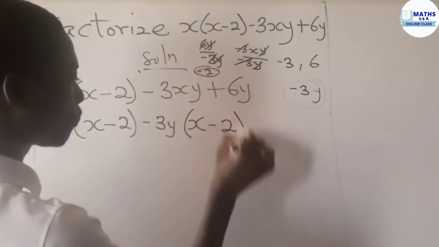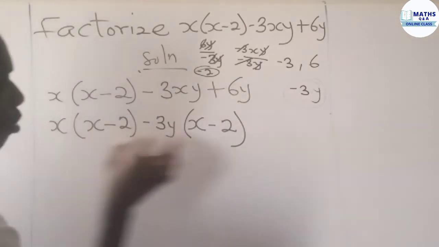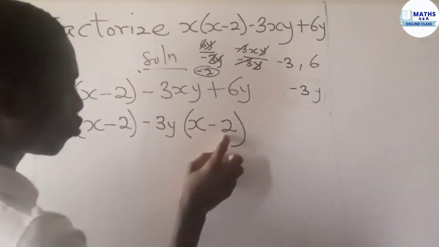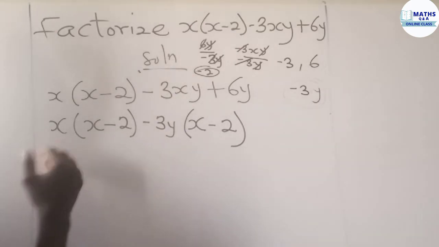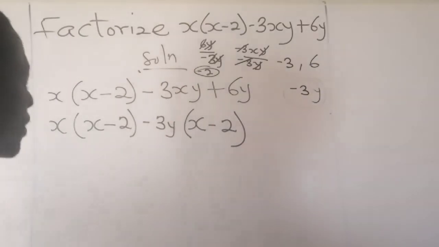Now, after factorizing this, we've seen that we have these common terms here, right? Which is x minus 2 here, x minus 2 is also here. And we have the other numbers or variables which are multiplying these x minus 2.